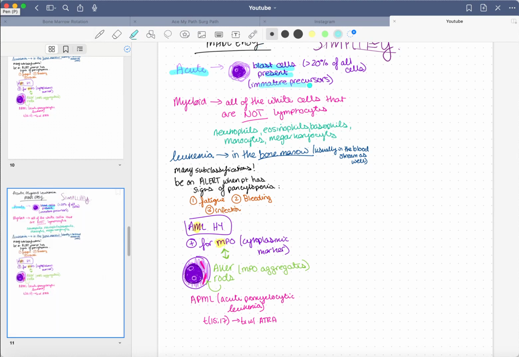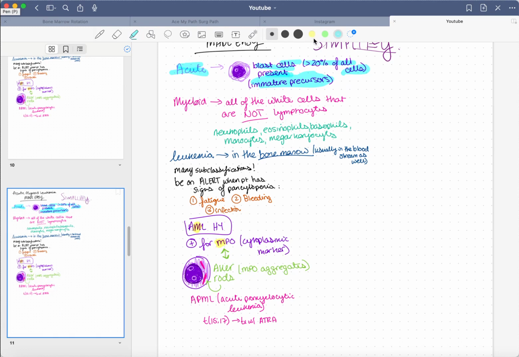These are immature precursors, and they have a distinct morphology that separates them from more mature cells. The number of these cells has to be usually greater than 20% in the bone marrow biopsy to account for a diagnosis of acute.